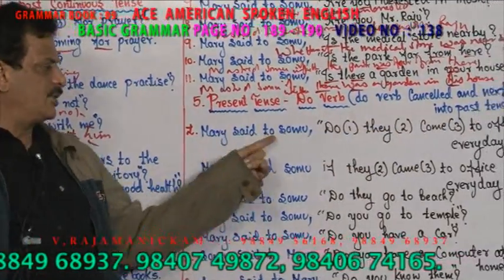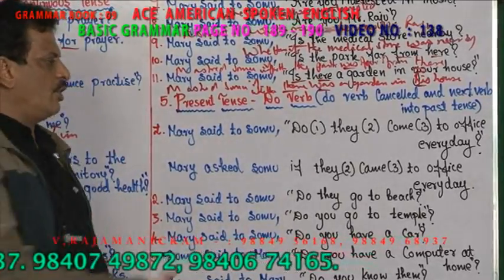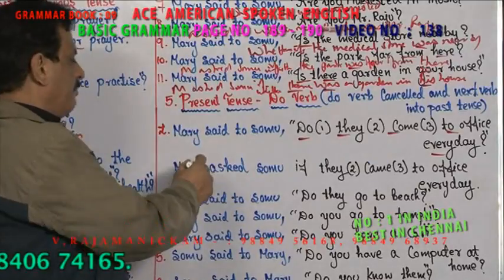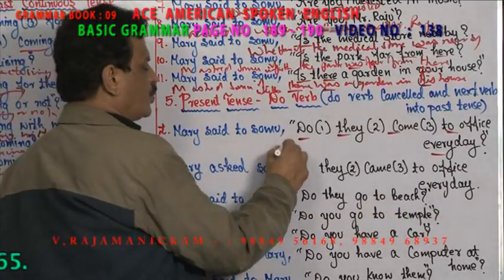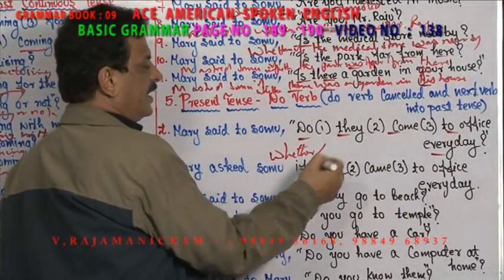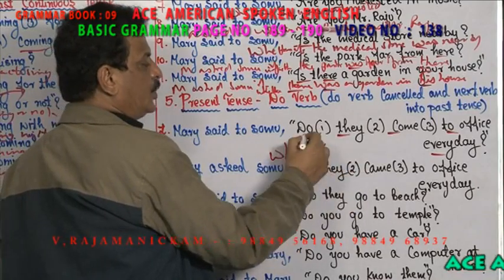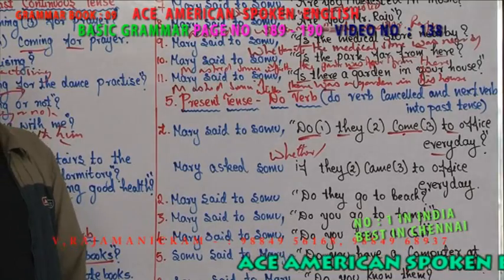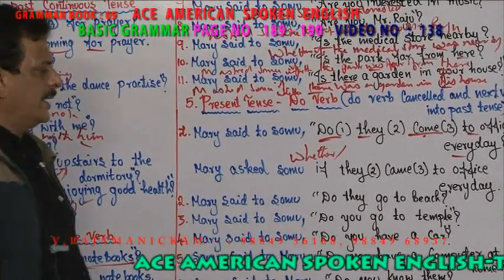See here, Mary said to Somu, do they come to office every day? How does it change? Mary asked Somu, you can use whether or if. They do come. Do come is in present tense or past tense? Present tense. So you are changing, taking do and using past tense.